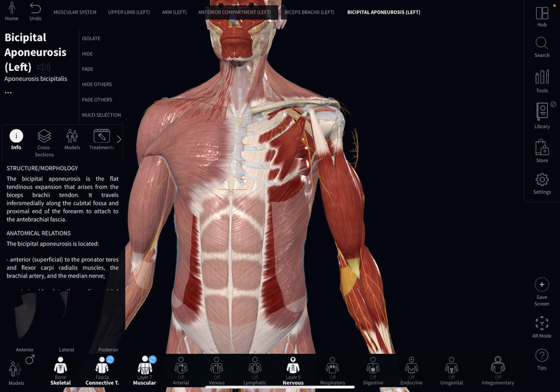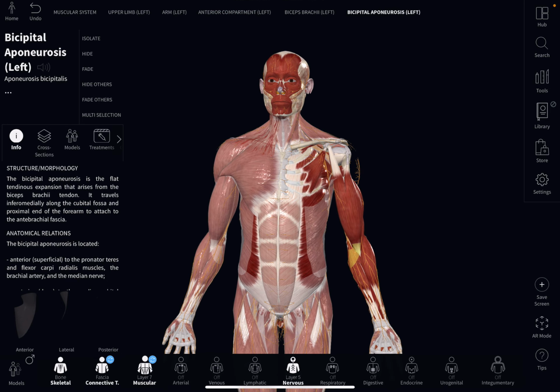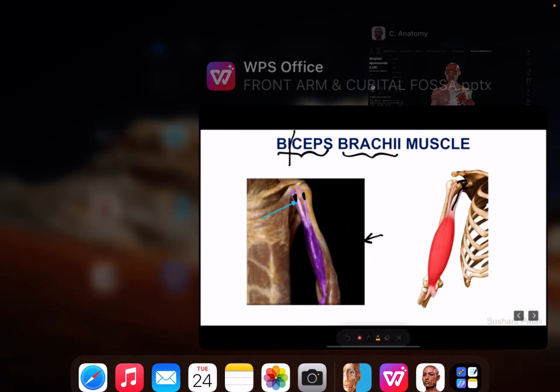So, weak flexor of shoulder, flexor of elbow by spurt action, and it best flexes in supinated position, and it's a powerful supinator, and it is most powerful in semi-flexed elbow. All right, so that's about the biceps brachii muscle. I hope that's clear to you, right?